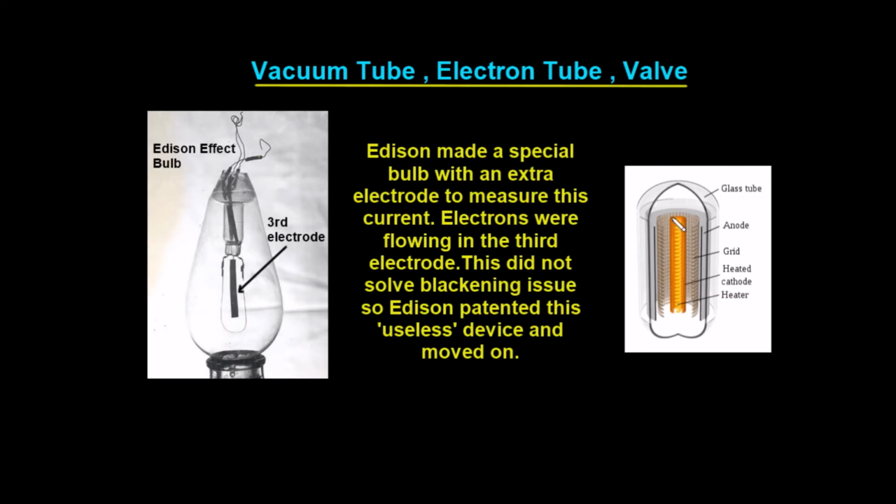We have on the outer part the anode, and this is where the current would flow to. And in between we would have a mesh, and this mesh would be the part that creates the control, that is, it actually controls the flow of current. So these are the three different parts of this valve. We have the anode, the cathode and the mesh, but it's nothing other than a simple bulb with an extra electrode in it.